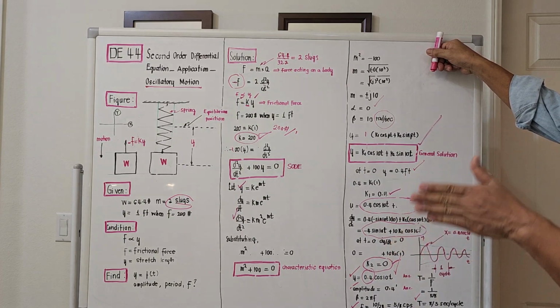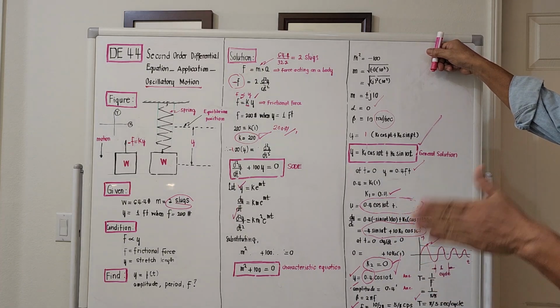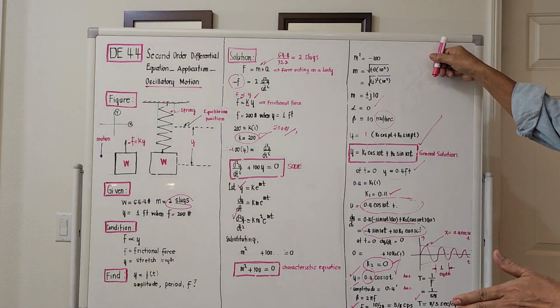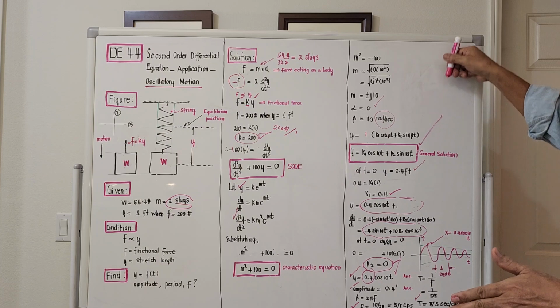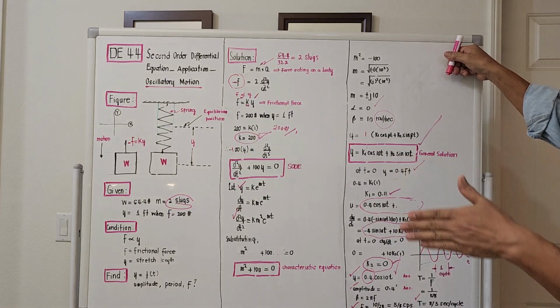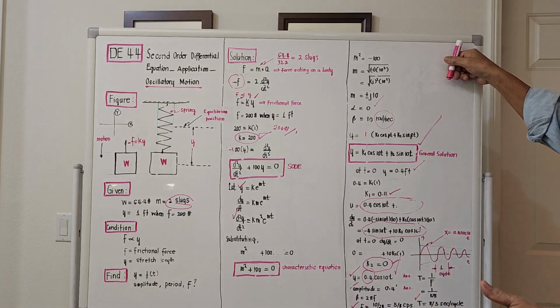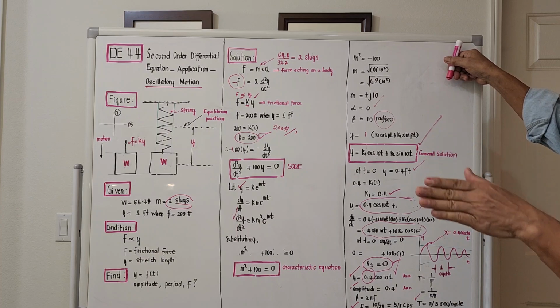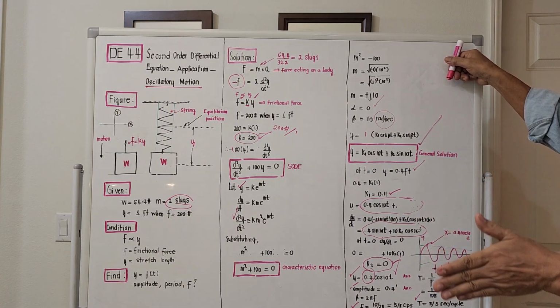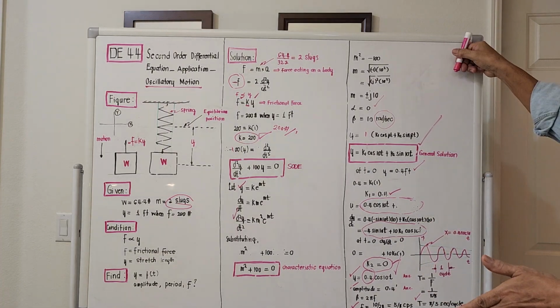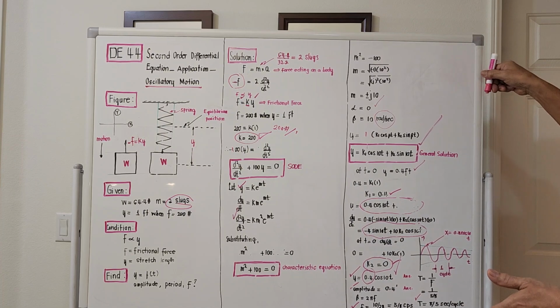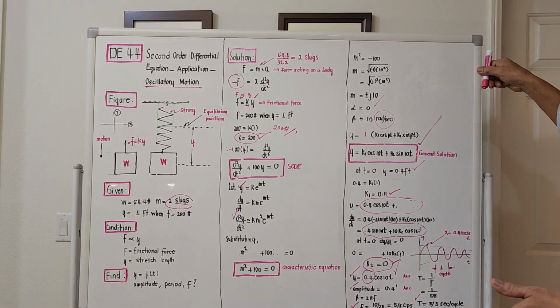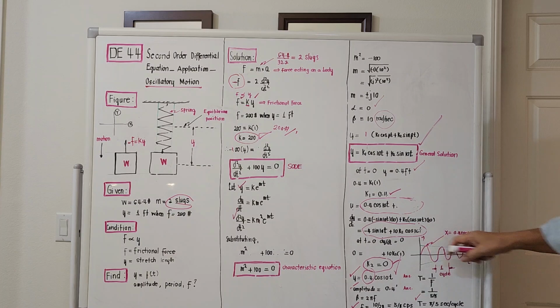But it will not reach that 0.4 feet again. It might be a value less than 0.4 feet, maybe 0.3. Then it goes up 0.3, then it goes down again. But as it goes down, it will not reach 0.3, maybe less than 0.3. It will be 0.2, 0.2, 0.1, 0.1 till it becomes stationary. So actually, this is the graph.